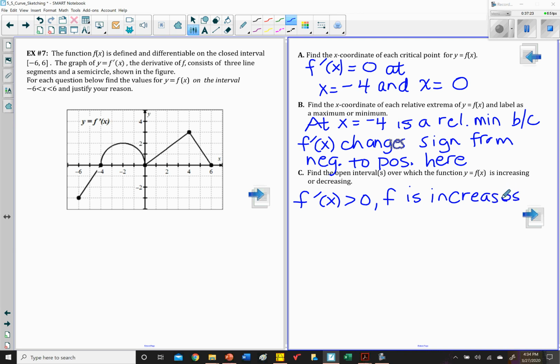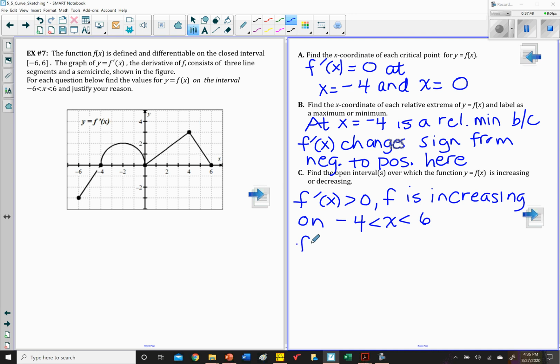F prime is positive, so f is increasing on -4 to, we could go all the way through those zeros, -4 to 6.